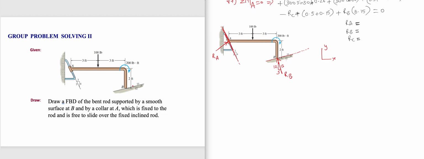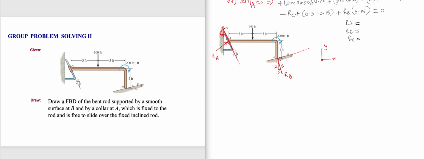It can rotate freely in this direction, but because we're talking about a 2D problem, and in a 2D problem everything rotates with respect to the z-axis, which is perpendicular to the plane, it cannot rotate perpendicular to the plane.